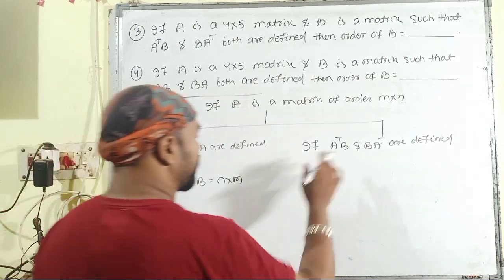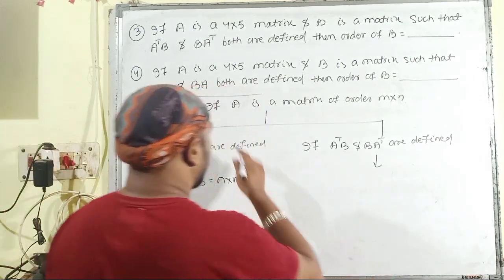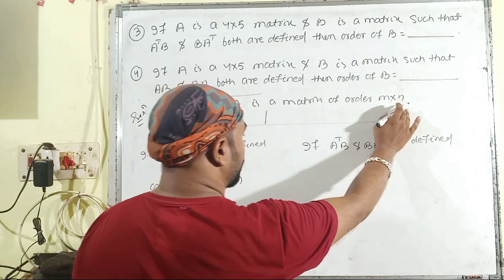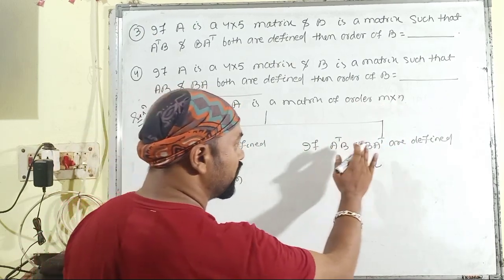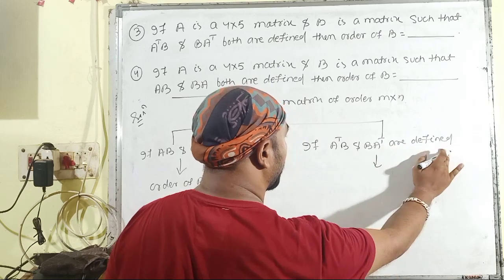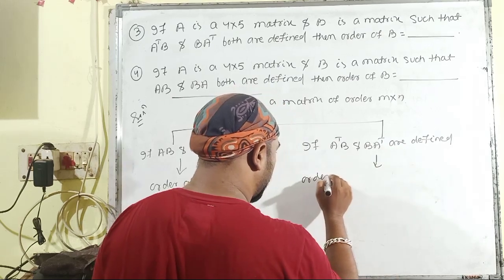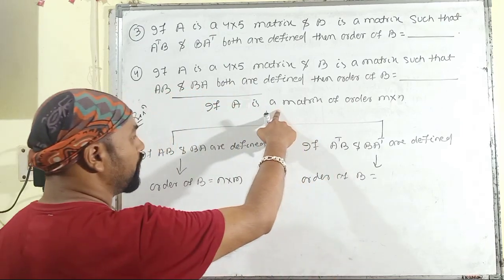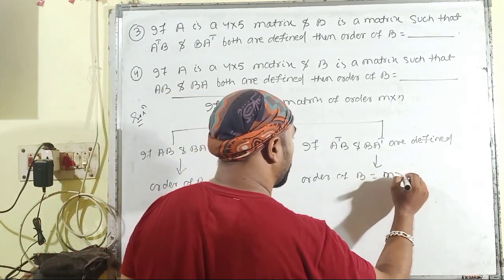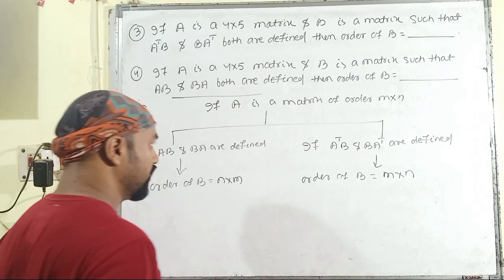Then moving to the second part. If A is a matrix of order m cross n and the second option is that A transpose B and B A transpose are defined, then the order of the matrix B is equal to the order of the matrix A, that means it will also be m cross n.